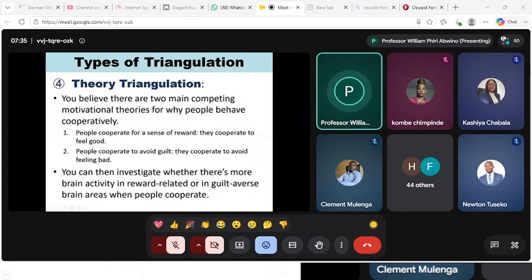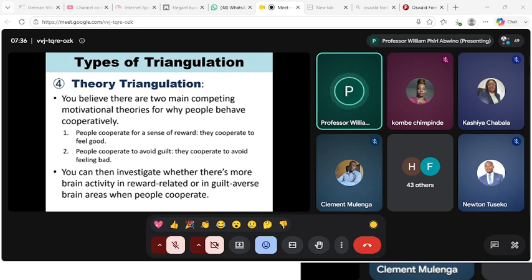Right. So we were just giving an example. So people cooperate for a sense of reward. Okay, they'll be very, very loyal to you because they know that if I'm loyal to this boss or to whatever, then I'll be rewarded.